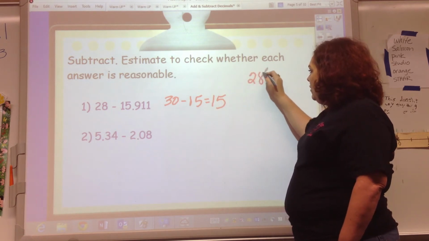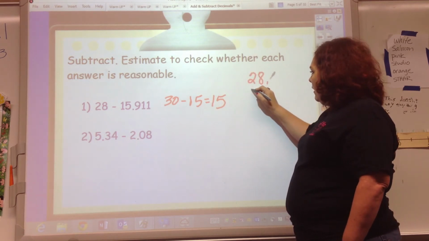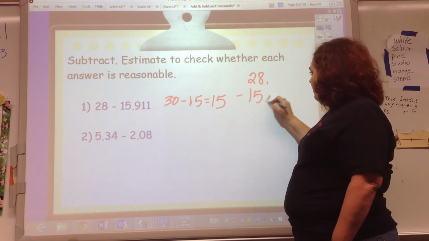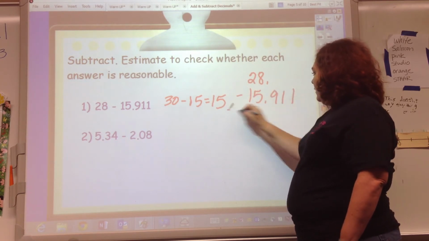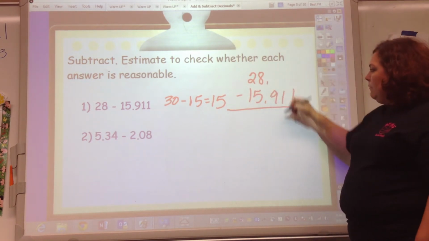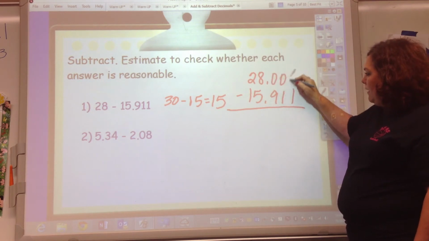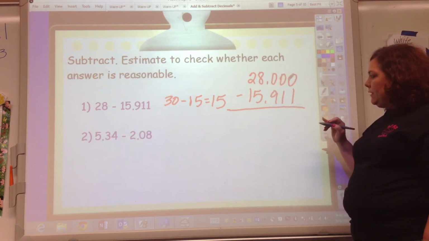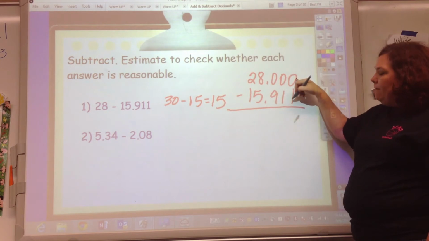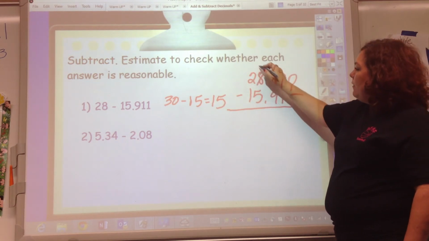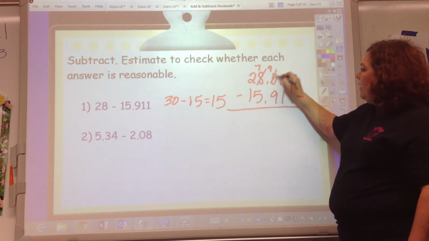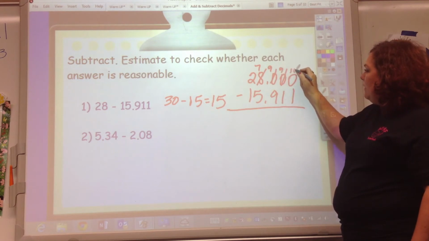To actually do it, I'm going to set it up and line it all up. Now, there's zeros. I can't take 1 from 0. I have to have zeros in here to line it up, so I have to come all the way over here and borrow, and that would become a 9, and that would become a 9, and that would become a 10.